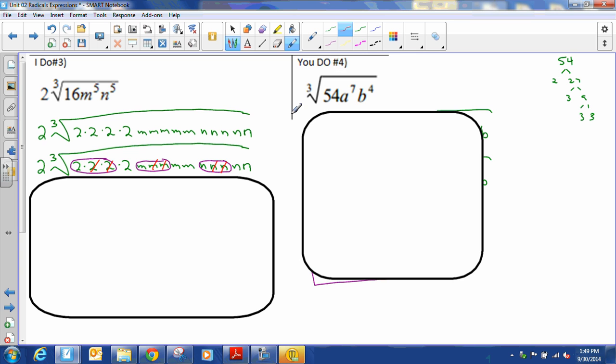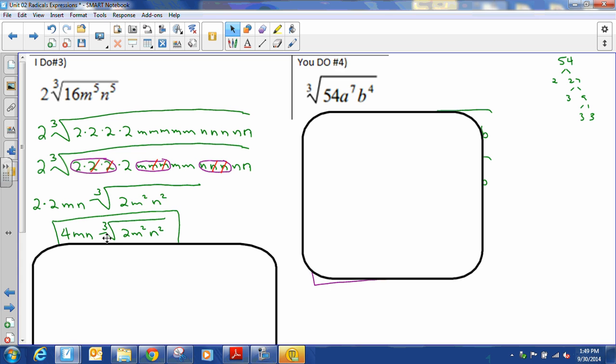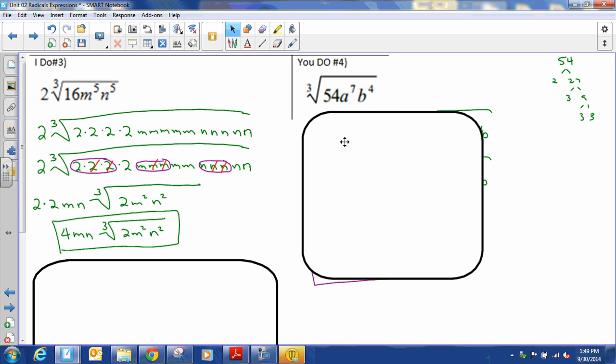Only 1 out of each trio makes it out alive. So the 2 comes out, the m comes out, the n comes out. So we have 4mn cube root of 2 m times n times n times n, which is 2m squared n squared. That's the final answer.